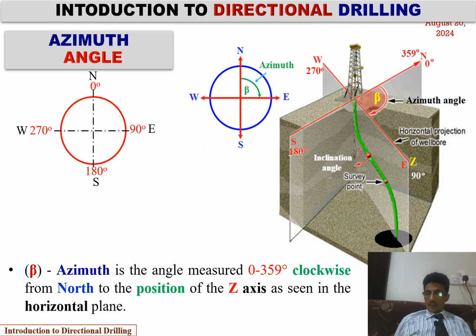For the azimuth angle, when we look from up to down in the horizontal view, we need to know the direction of the well or the direction of the target of the well.